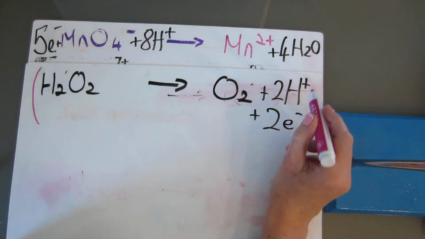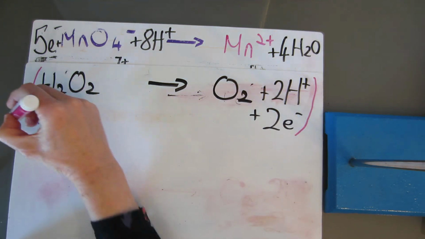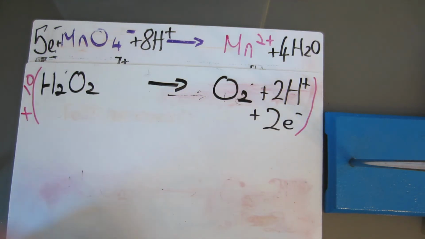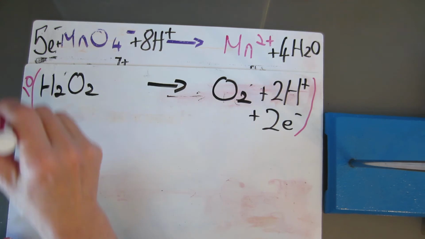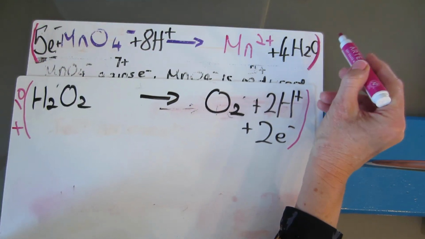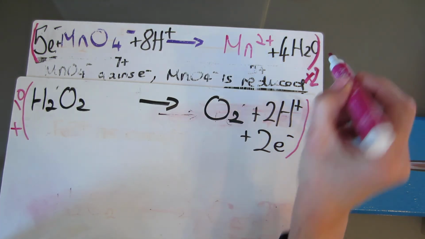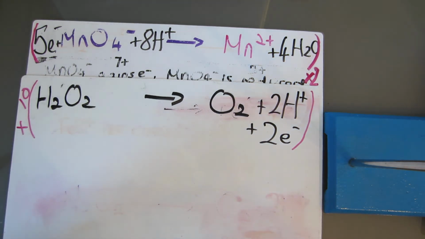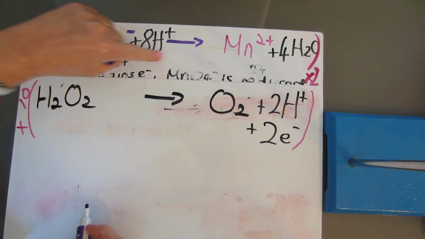I'm going to have to multiply this half equation, all of it, times 10, and all of this half equation by what? All of it by 2. Sometimes it gets a little bit complicated. So let's multiply this one out by 2 first of all.